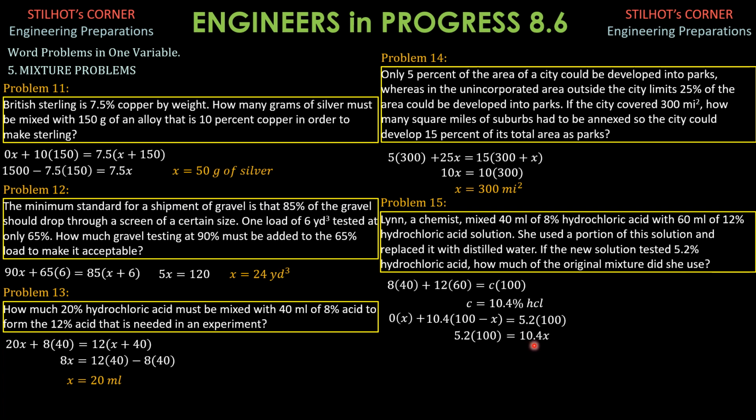Since 5.2 divided by 10.4 is 1 half, 1 half of 100 therefore is 50 ml of distilled water, which is also the amount that is replaced with distilled water. So the amount of the original mixture that is used is 50 ml, replaced with 50 ml of distilled water. So that's the answer.